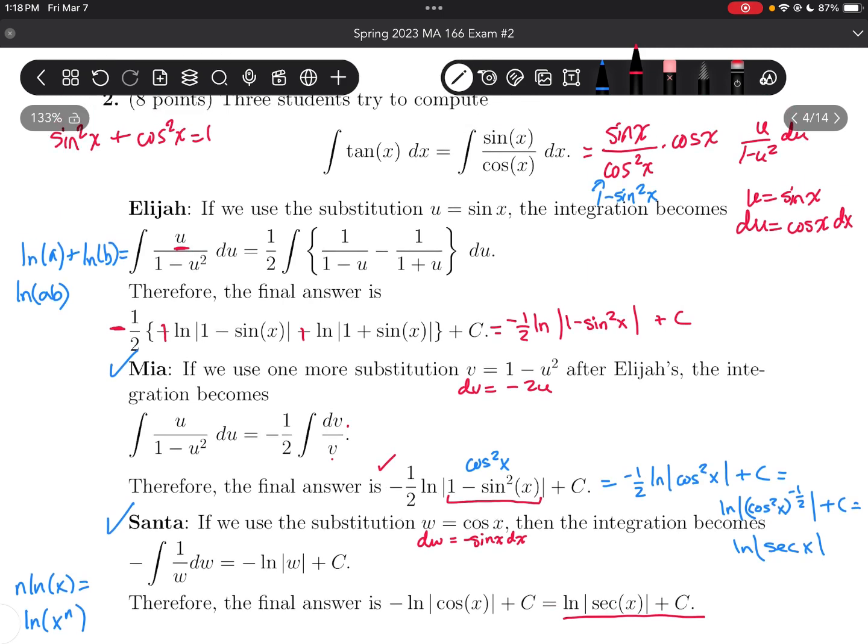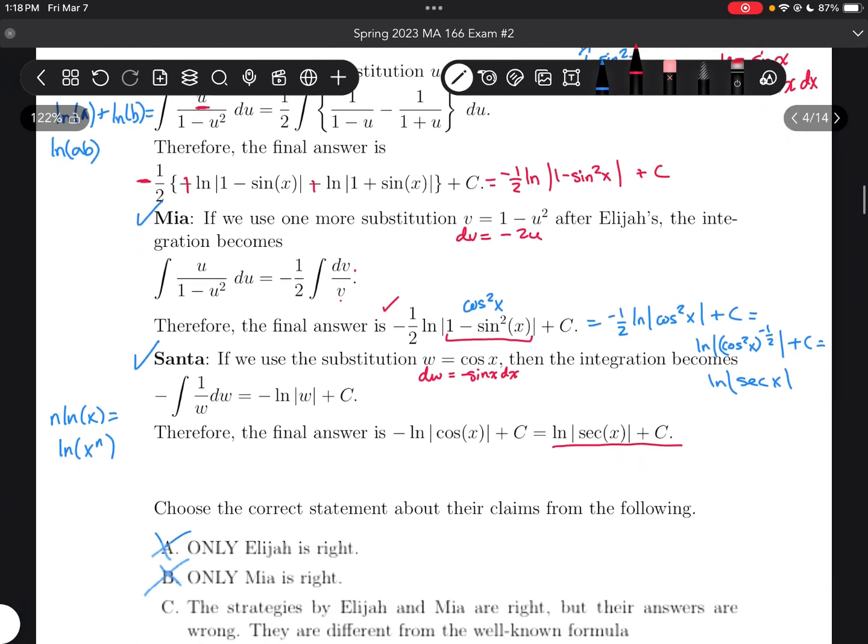But if you forgot the identities, or didn't remember how to add logarithms, you could have also walked through each step of the antiderivative process that Elijah, Mia, and Santa each did to determine that each process is correct. So whether the expressions look similar or not, since the process was correct, all three answers are equivalent.